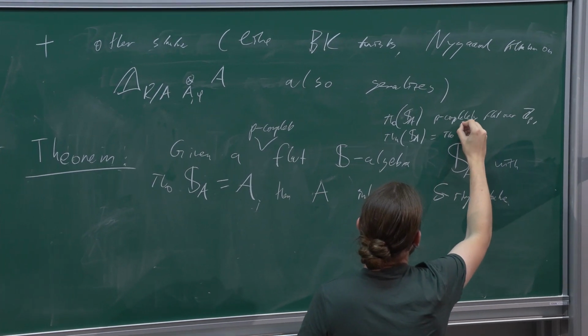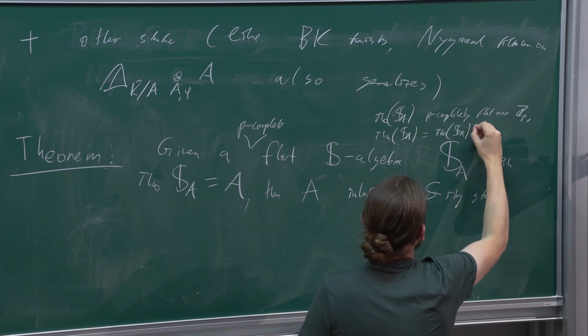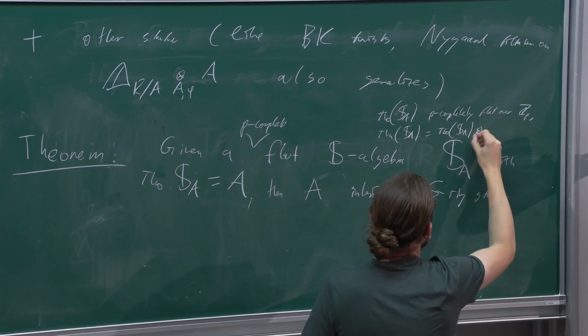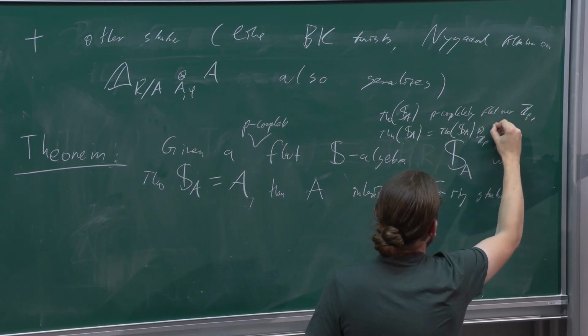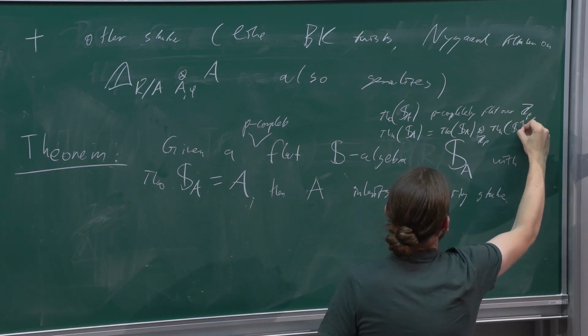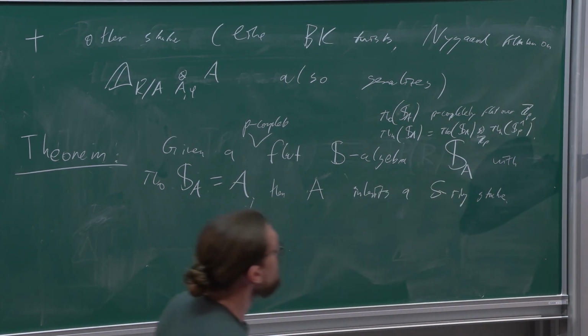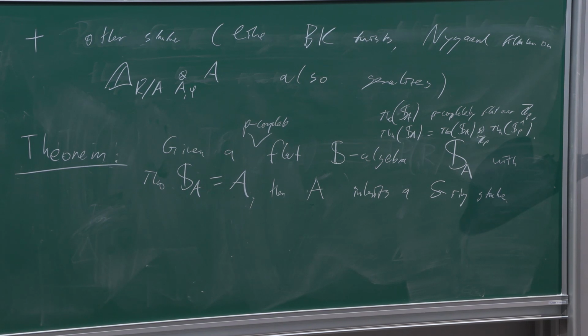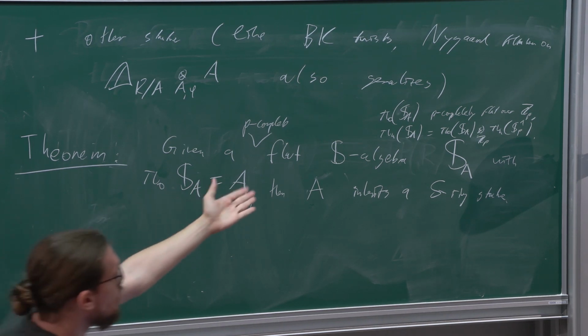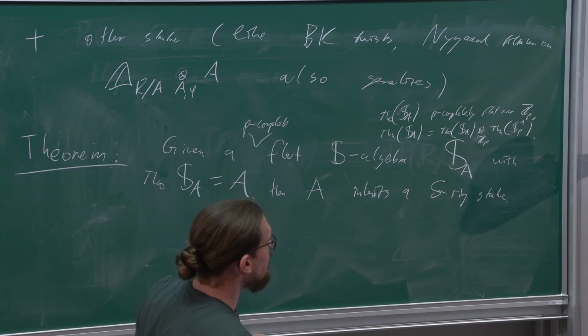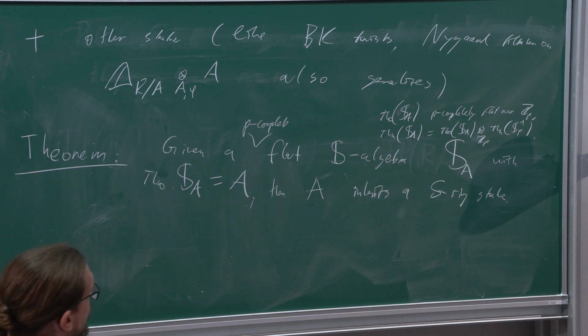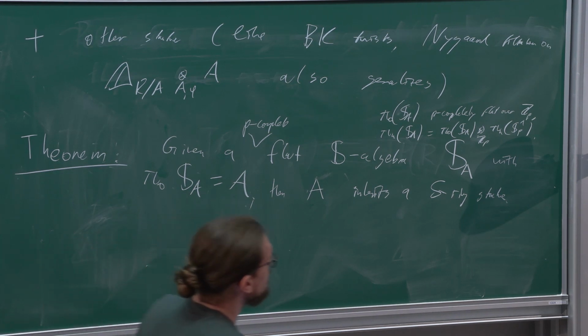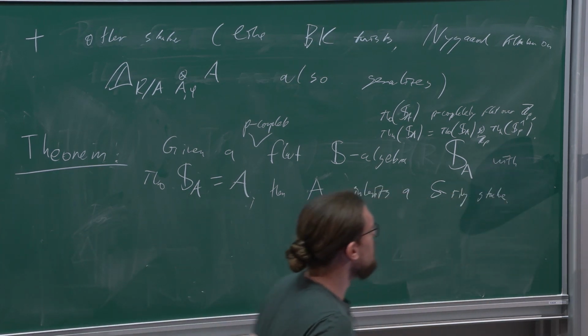So I have to write pi 0 SA tensor over ZP with pi n of S. That's exactly the property that you want here, that, for example, the free E infinity algebra did not have. Right now, I'm not sure whether you need the p-completeness. It's finitely generated. The homotopy groups are finite.